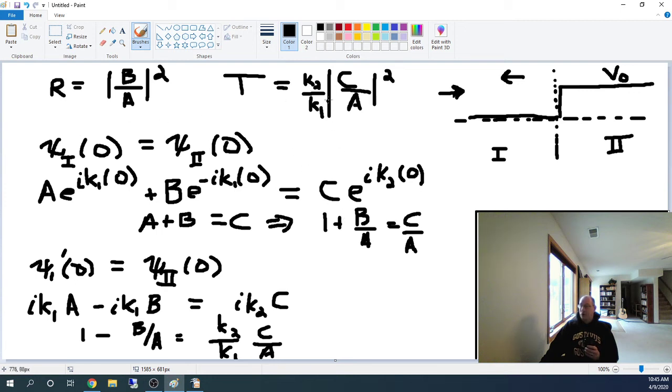And when you take C over A squared and multiply by k2 over k1, you get the transmission coefficient, which is the rate at which particles are transmitted into region 2 from region 1. And so that tells you what the solution looks like. And it also works for the exponential if you like.